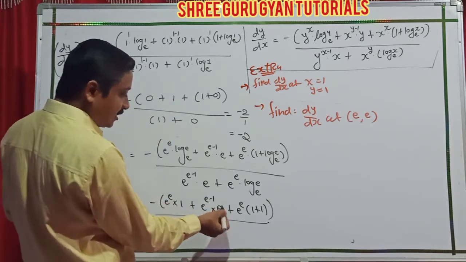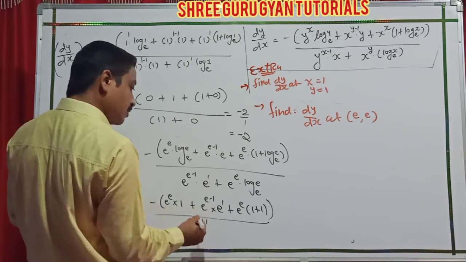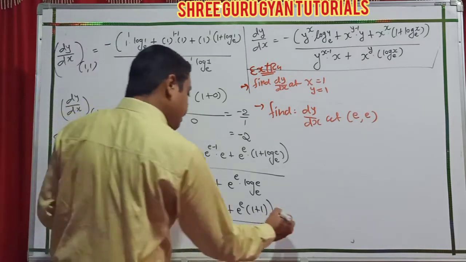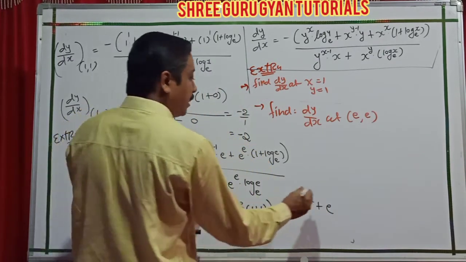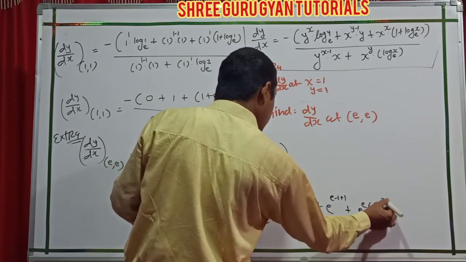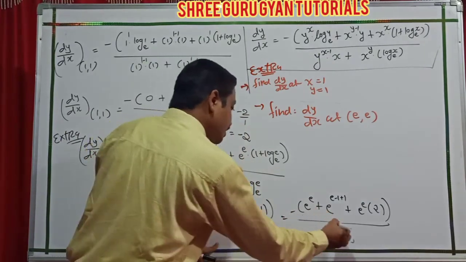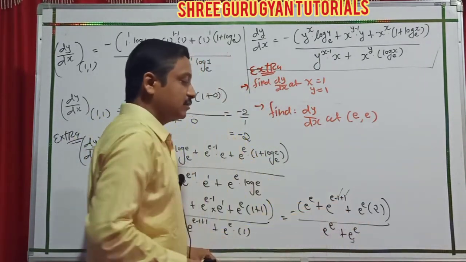Can you add these numbers? Yes. e minus 1 plus 1, and here e raised to e log e base e is 1. So my answer is e raised to e plus, same base so add the powers, e raised to e and 1, and 1 into 2, and upon here e raised to e plus e raised to e. Finally this also is done. These cancel.